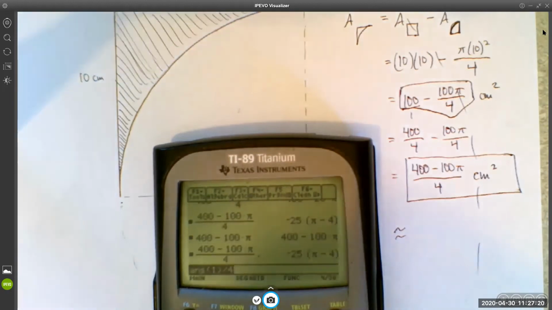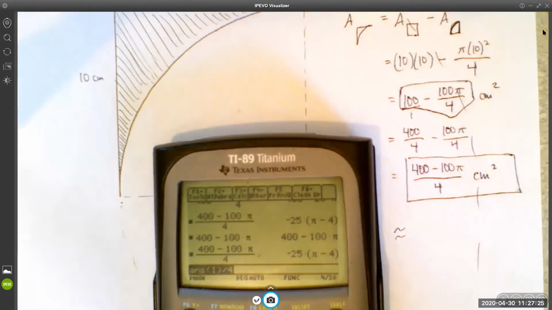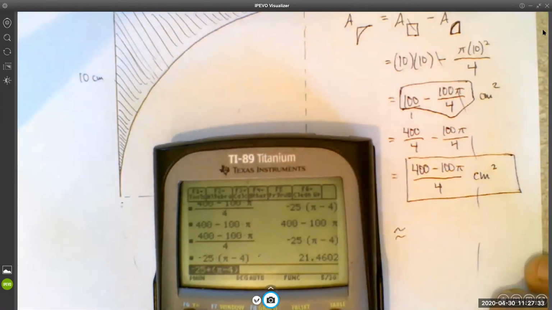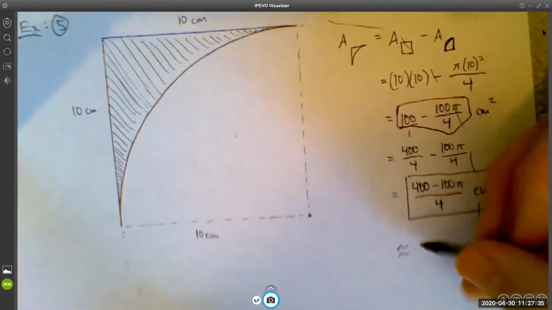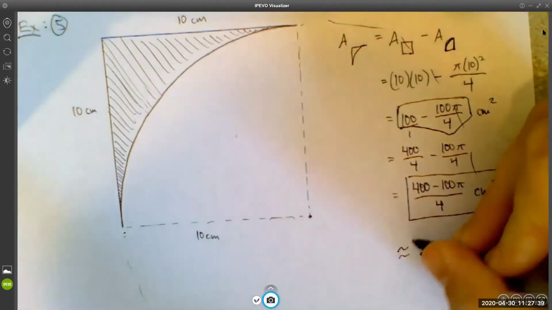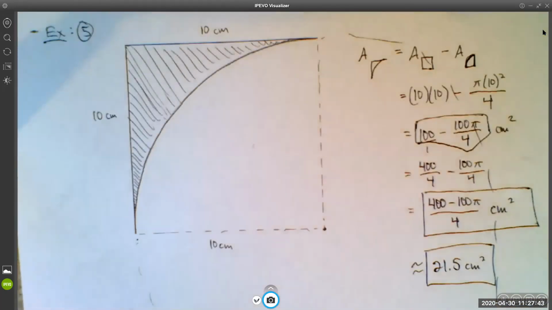And that'll still give you, you see how it gives me the same result, right? But anyway, I'm interested in knowing what this is as a decimal. So as a decimal, that's about 21.5 square centimeters. Okay. And that does it for that one.